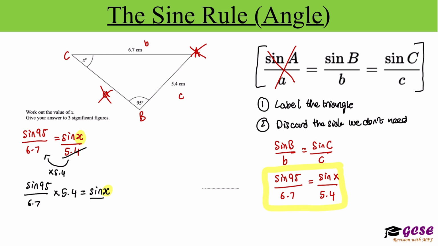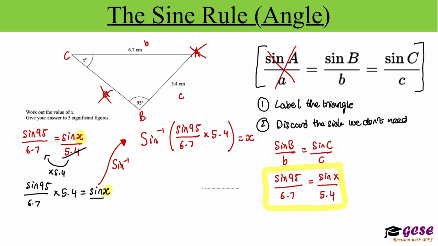So now we are going to take the inverse of sine, which is sine to the power of negative 1. So we're going to have sine negative 1, brackets, sine 95 over 6.7 multiplied by 5.4, and that's going to be equal to x.